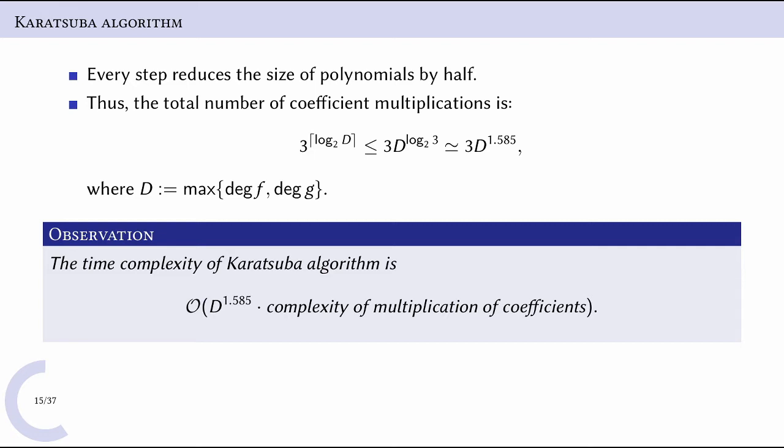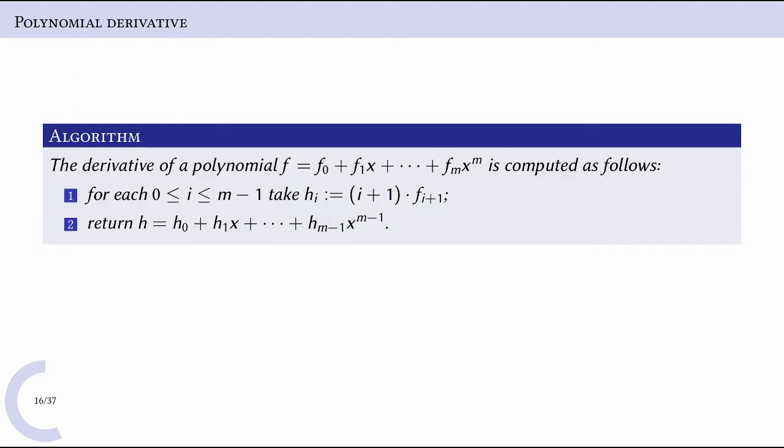And now when we have addition, subtraction and multiplication of polynomials, the next naturally expected thing is to cover division, but before we go to division, we will first tackle two simple operations. First of them is computation of a derivative of a polynomial.